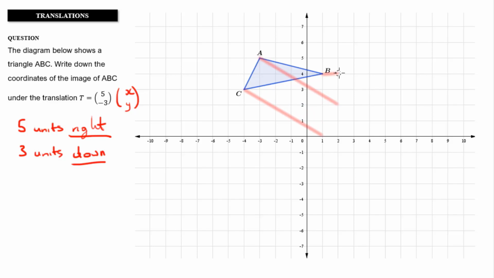And with B, 1, 2, 3, 4, 5 units right, 1, 2, 3 units down. So those are going to be my new points. This is going to be C prime, this is going to be A prime, and this is going to be B prime. So all I have to do now is to connect the lines to show the image.